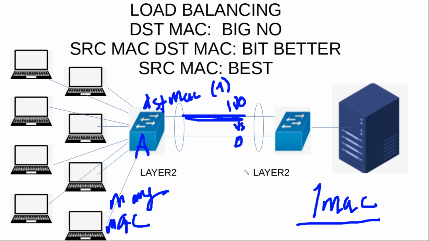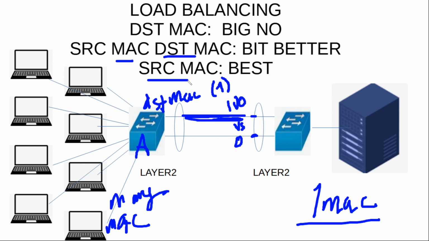In this scenario, maybe we could calculate a combination of source and destination MAC address here at switch A that will yield a better amount of random numbers. So this algorithm can conclude to send some frames sometimes in this link and sometimes in this other link. And for instance, at switch A, we could choose to load balance based on source MAC.